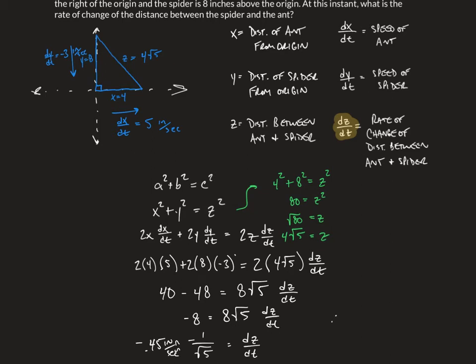Which means that at this moment, the distance between the ant and the spider is decreasing by 0.45 inches per second.